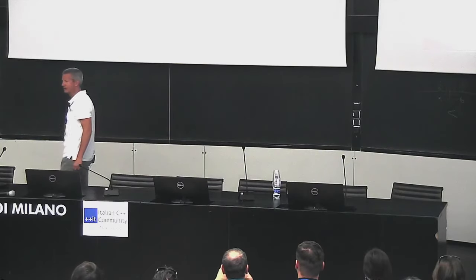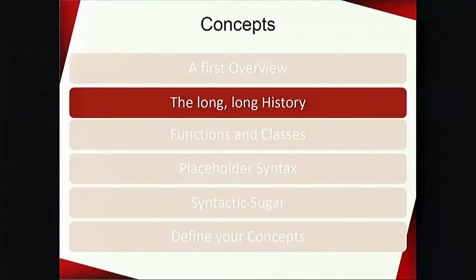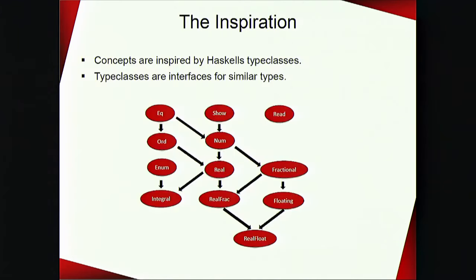The long history. I think I first heard about concepts around 2004, 2005, so quite a long time ago. And I was totally impressed. The first impression I got was that it's a little bit like type classes in Haskell. They describe interfaces for similar types. They also build a kind of type class hierarchy.